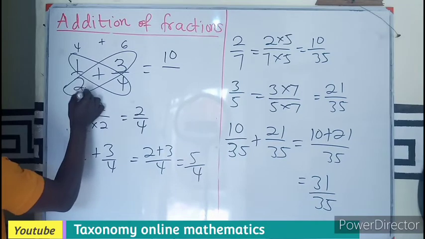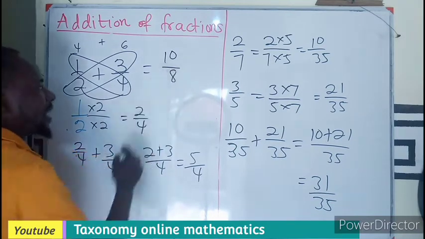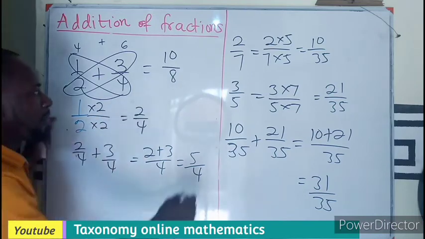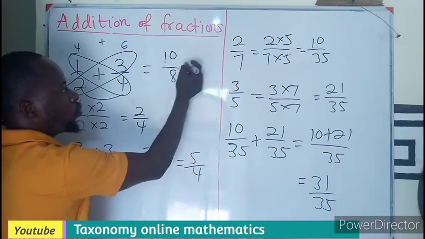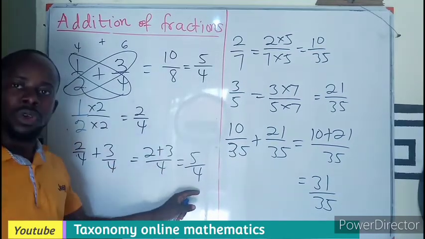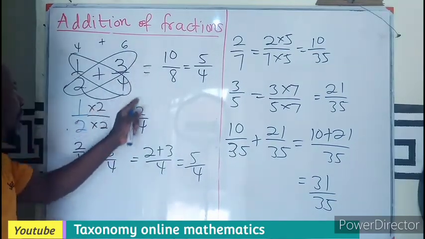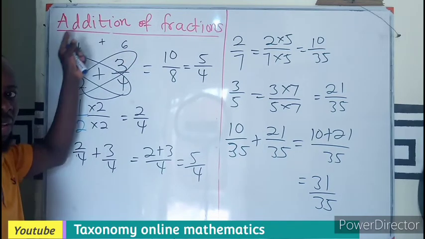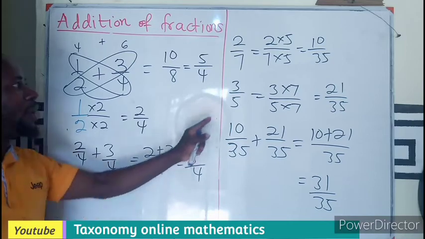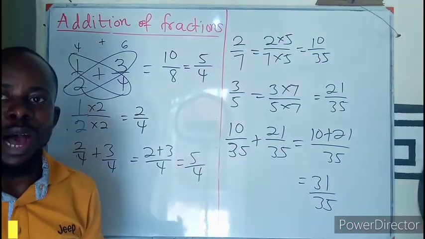Then we now multiply the bottom. That will give us what? 8. 2 times 4 is 8. But these have a common factor of 2. 2 goes there, 5. 2 goes here, 4. You get the same answer. So we can use the butterfly method, or we use the equivalent fraction method, or we can still use the LCM approach.